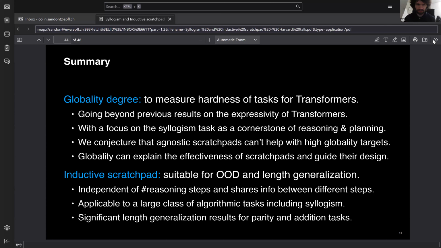We then proposed the inductive scratchpad as a variant where the scratchpad forces the transformer to perform the same computation in a series of steps, to make it generalize from what it was doing in one step to what it was doing in other steps, and cut down on the relevant context length, which significantly improves length generalization results in various tasks.